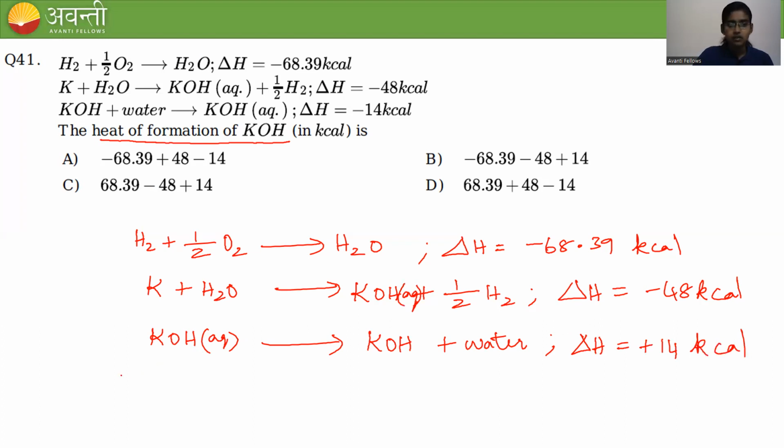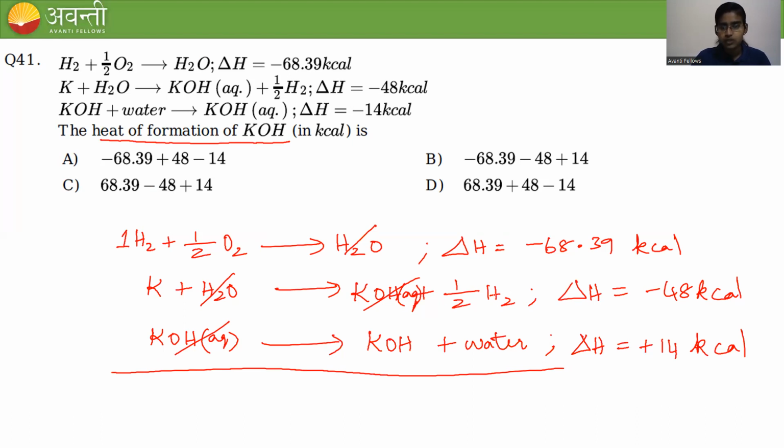Now you just cancel out the common terms which are present on both the left hand side and right hand side. So what are the common terms? H2 is common, so we can cancel that out. KOH aqueous is common, so cancel that out. Here we have 1 mole of H2, and here half mole of H2 is there.